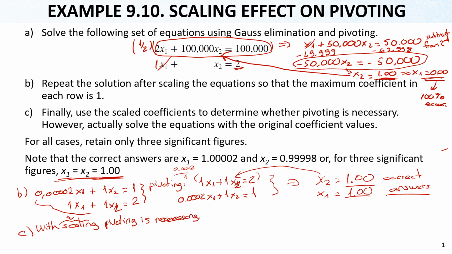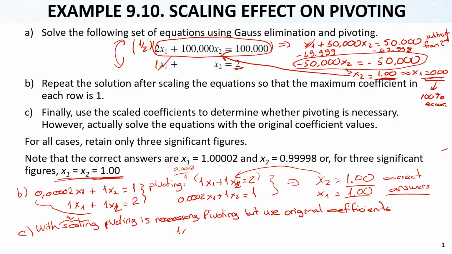Then we will pivot it, but with the original pivoting in scaled, but use original coefficients to solve. So we simply change the order here with the original coefficients.